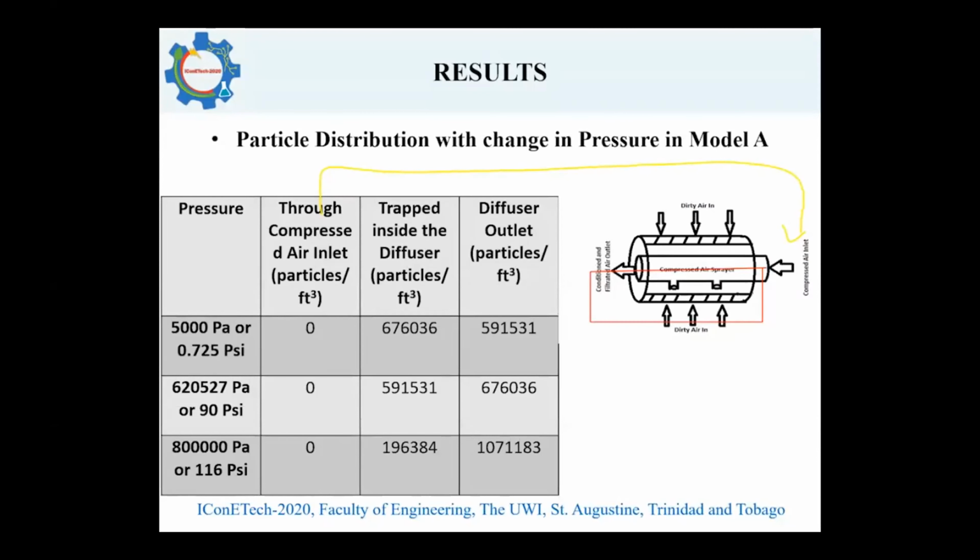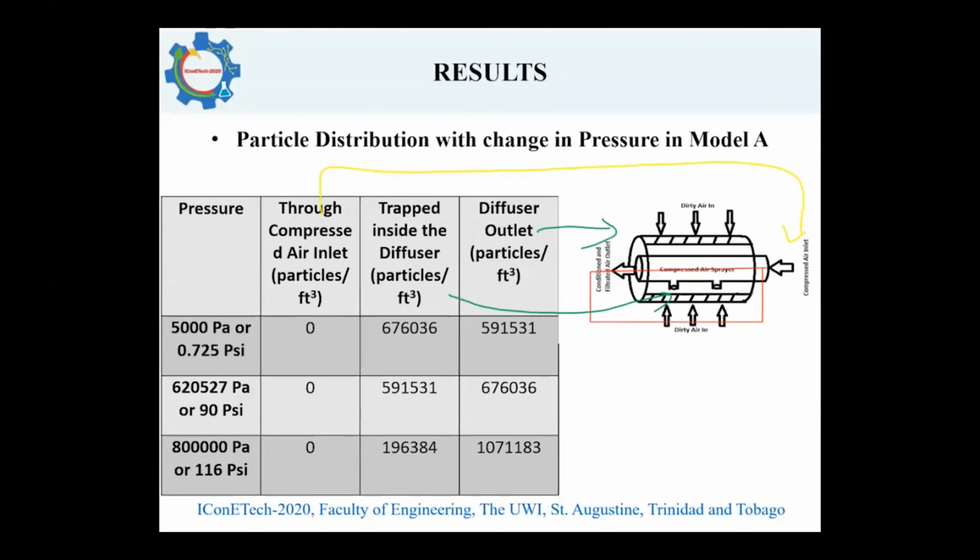There are also some particles that are leaving the system. This refers to the particles that are leaving the system. This one refers to the particles that are trapped in the filtration unit. So this is going to be different for Model B because there is no compressed air sprayer.